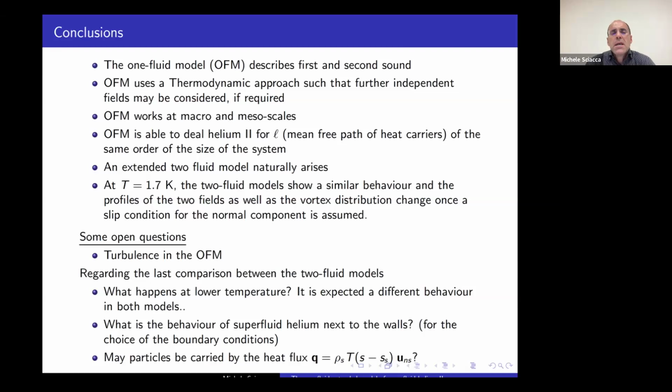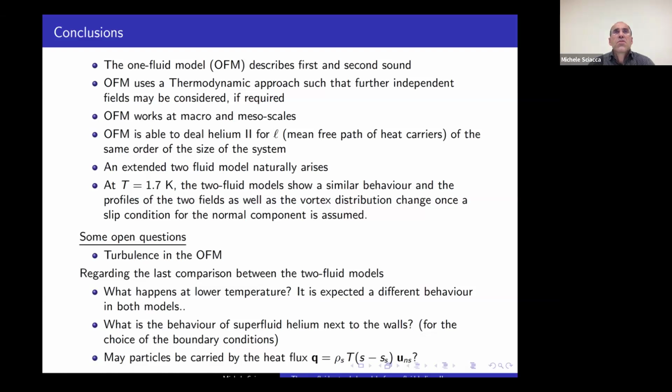My idea is just to give you another approach to superfluid helium, which we believe is important for understanding this interesting physical problem, because there are some questions which may be handled by the two-fluid approach, and there are others which may be considered using the one-fluid model.